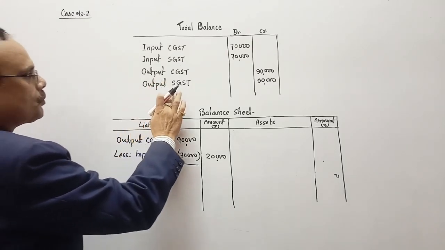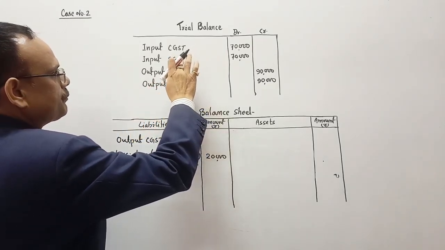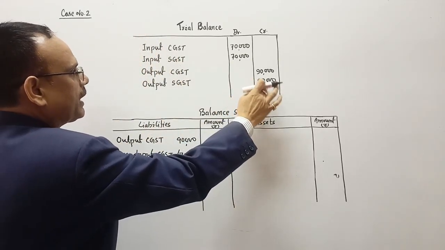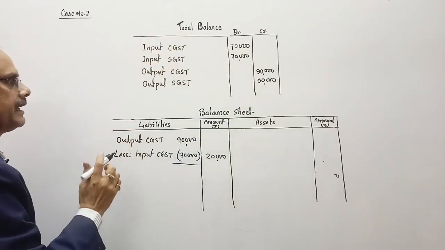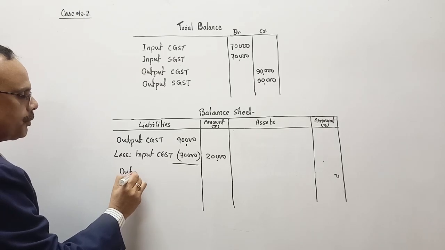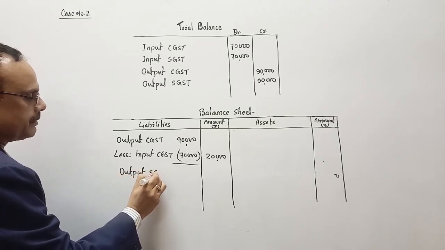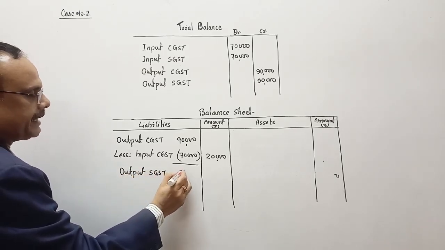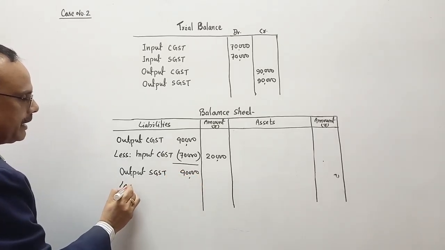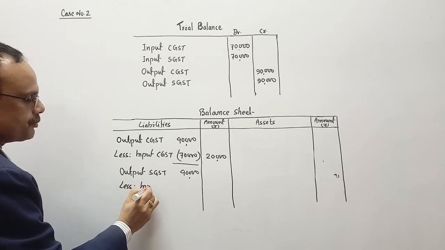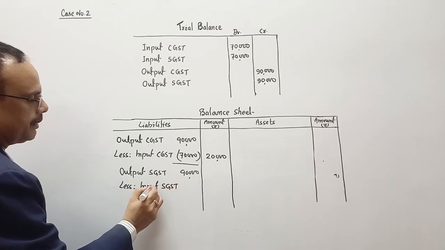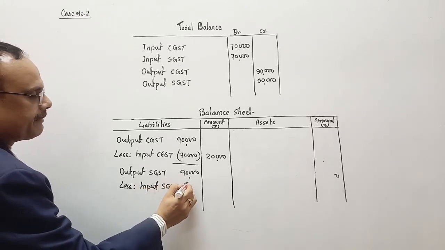Similarly, output SGST will be adjusted with the input SGST, and here output SGST is more and input SGST is less. Then this will be reflected in the liability side. Output SGST, that is 90,000, you deduct the input SGST, that is 70,000.